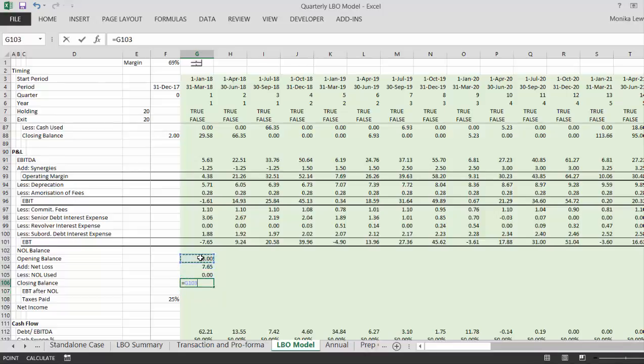But plus the loss minus the amount used, and then we get our EBT after this, which, remember, we add back the amount we take, we subtract the amount we use, and then our actual taxes paid are the EBT times the tax rate.